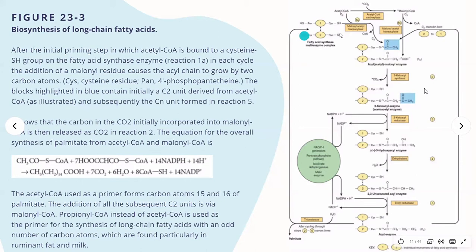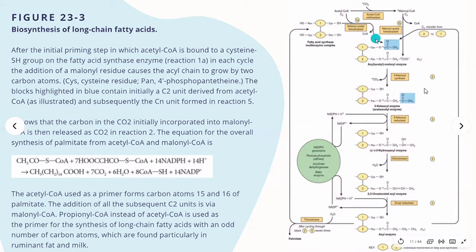The 6 carbons will be transferred here at number 1. And then another malonyl-CoA will be attached at this side and then transferred and then dehydrated. So from 6, this becomes 8. And then it goes that way again, then that goes back again, and then goes back here.